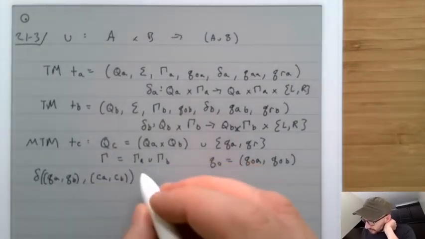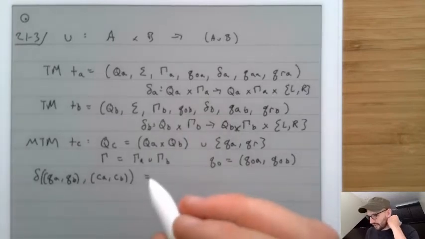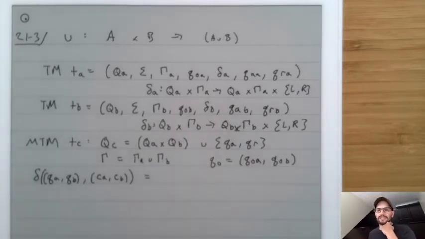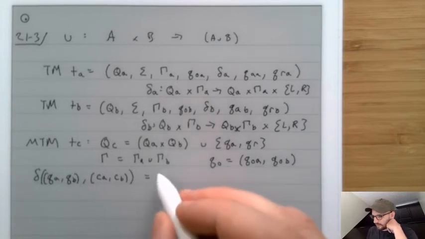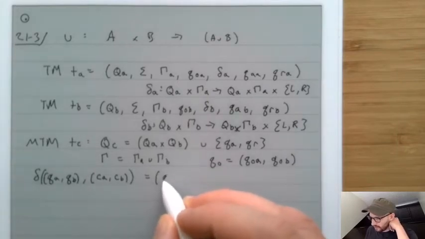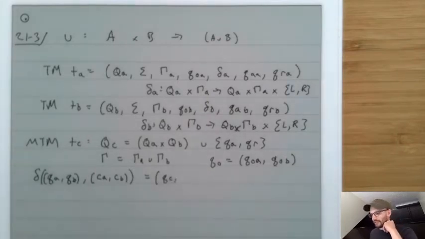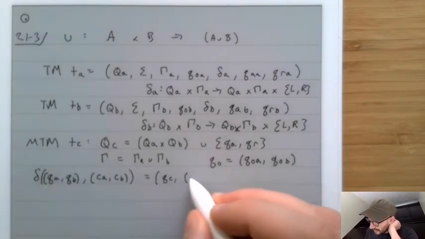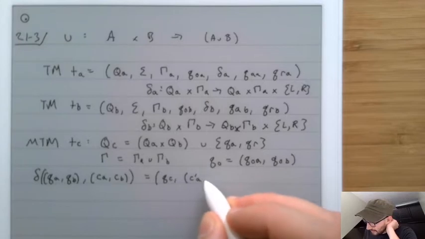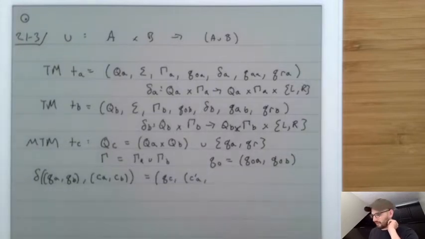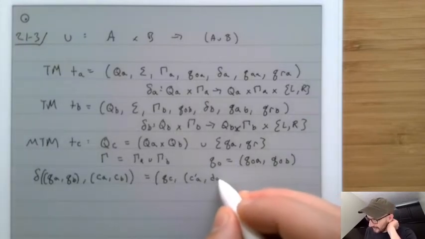Okay, so now what we need to do is return a new state to go into, which we'll call QC. And then we also need to return what we want to write to the left tape. So we'll call that C prime A. And then what direction we want to go on the left tape, so we'll call that DA.